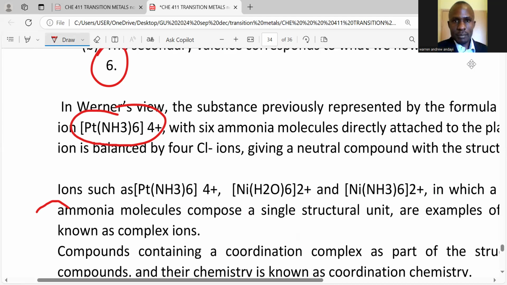In that complex, platinum is +4. That is its primary valency, but it has coordinated to 6 ammonia, and therefore its coordination number is 6, okay? So that's what it means. Then of course, at the end of the day, you'll bring in 4 chlorines to neutralize the positive charge.